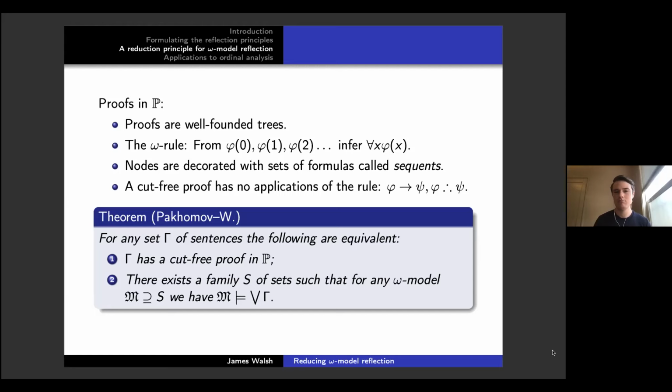There are, in fact, many generalizations of modus ponens that get called cut rules, and for those of you who know what they are, we won't have any of them in our system. But the point is this: if you look at modus ponens, there's this formula phi that occurs in the premises and doesn't occur in the conclusion. It gets cut out of the proof, and we don't want that.